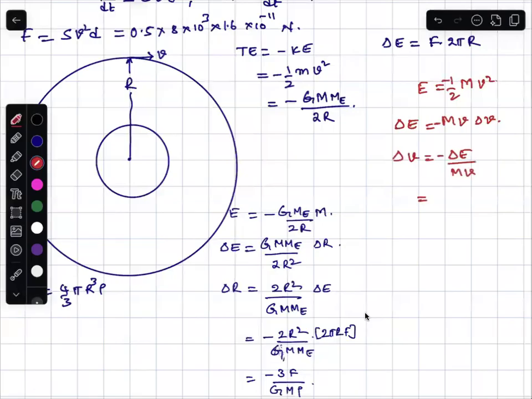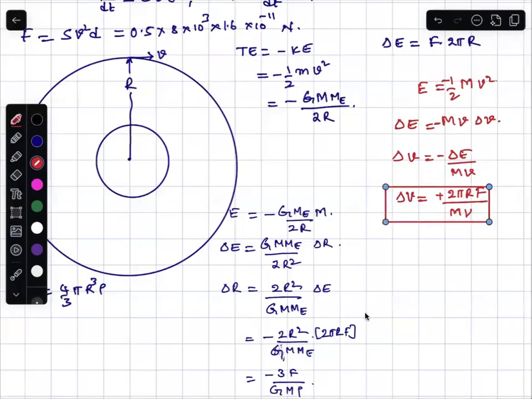But delta E is minus 2 pi R F. So therefore, this will become 2 pi R F by M V. That's all. So I have given you the expression for change in velocity.